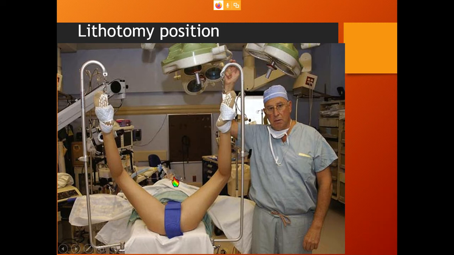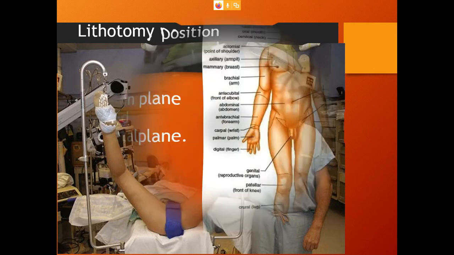Most of the time they keep the mother in this lithotomy position for the free passage of the baby from the mother to outside. That is called the lithotomy position. Also in perineal surgeries, they keep the person's body in this lithotomy position. So: supine, anatomical position, prone position, and lithotomy position.